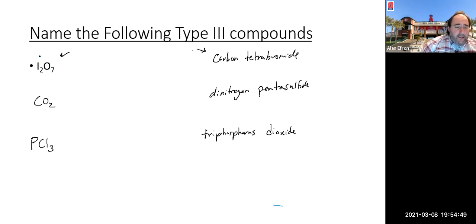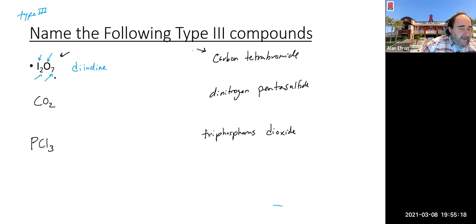So when I look at this, I see I, which is iodine. That's a nonmetal. I see O, which is a nonmetal. So that's two nonmetals. That tells me we are type 3 situation, which is covalent, guys. Also should be really happy because we don't have to worry about balancing charges or anything like that. All we essentially have to do is pick the right prefix. So the prefix for 2 is di, and we use the whole name of the first element, which is iodine.